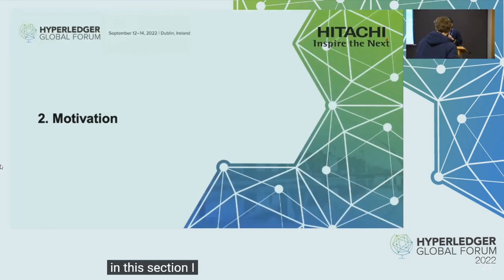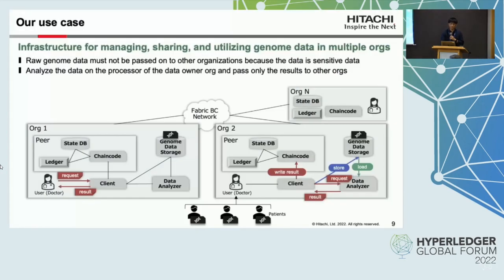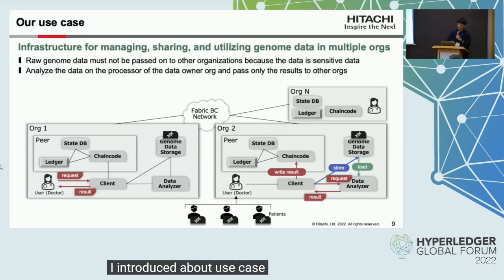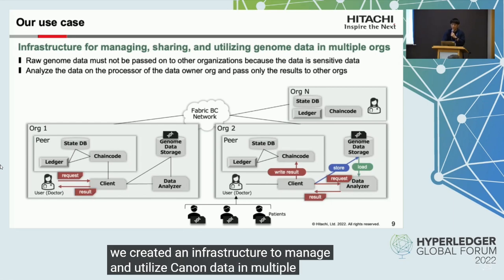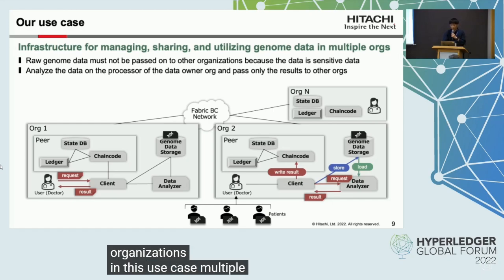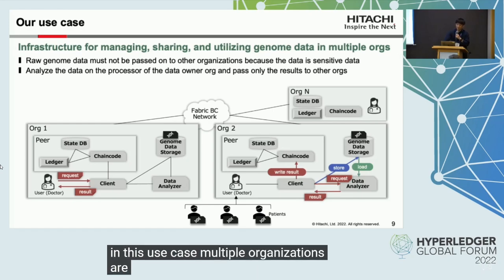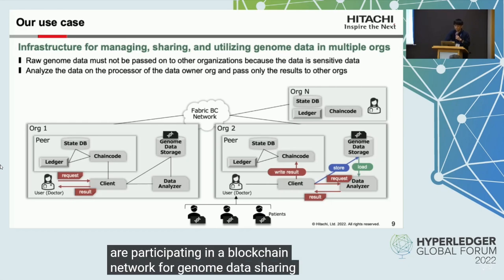In this section, I will explain our motivation for this presentation. I introduce our use case. We created an infrastructure to manage and utilize genome data in multiple organizations. In this use case, multiple organizations are participating in a blockchain network for genome data sharing.